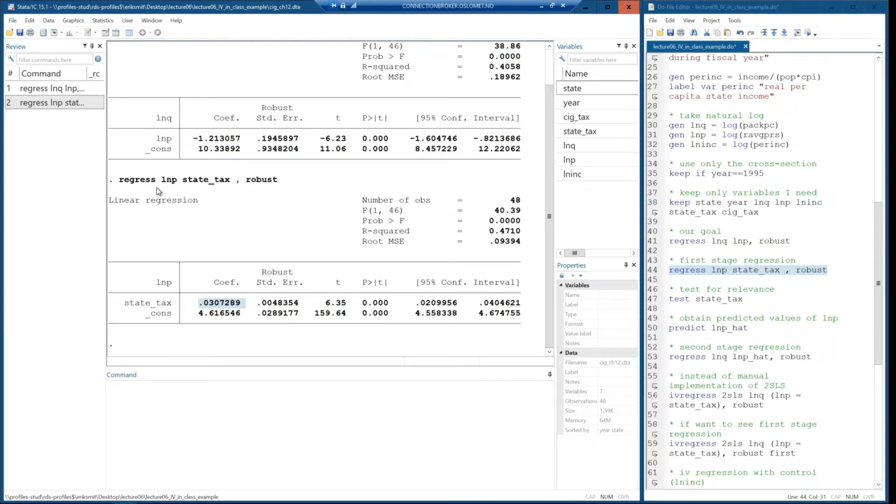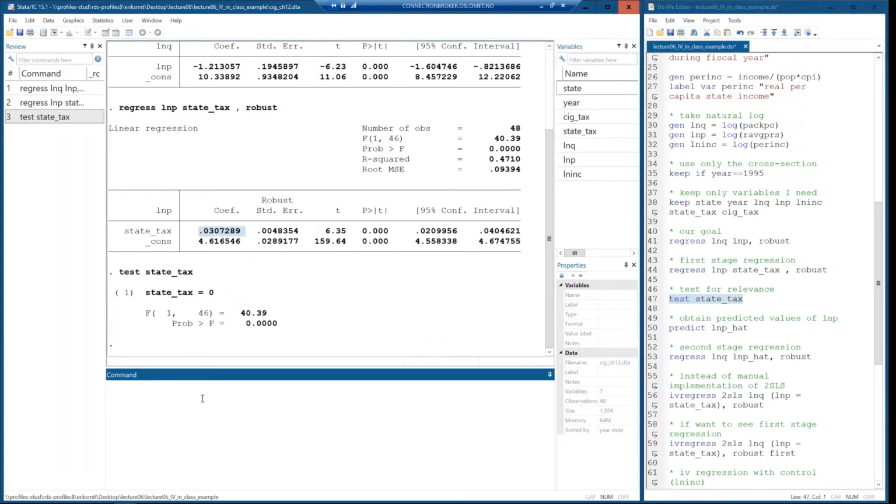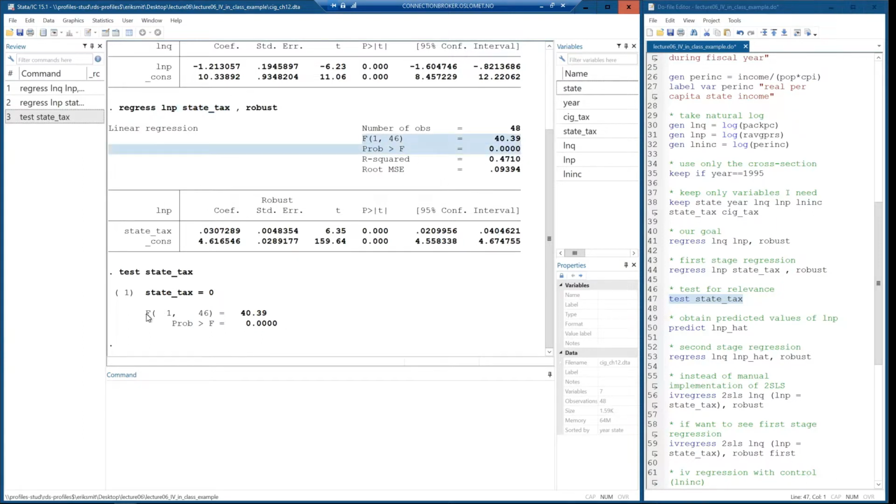So we can test the state tax coefficient, and as you saw here, if you only have one independent variable, then the F test here gives the same result as the test on the single coefficient.